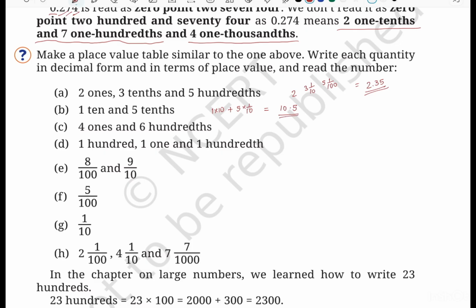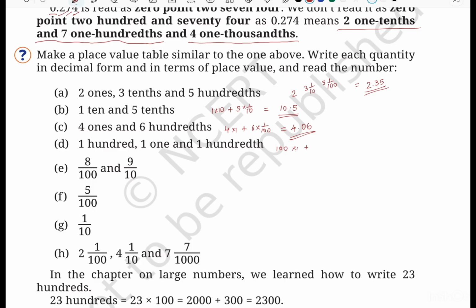Next is 4 ones plus 6 hundredths. The integer part is 4 and in the decimal part, no tenths are there, and hundredths are 6, so we can write 4.06.